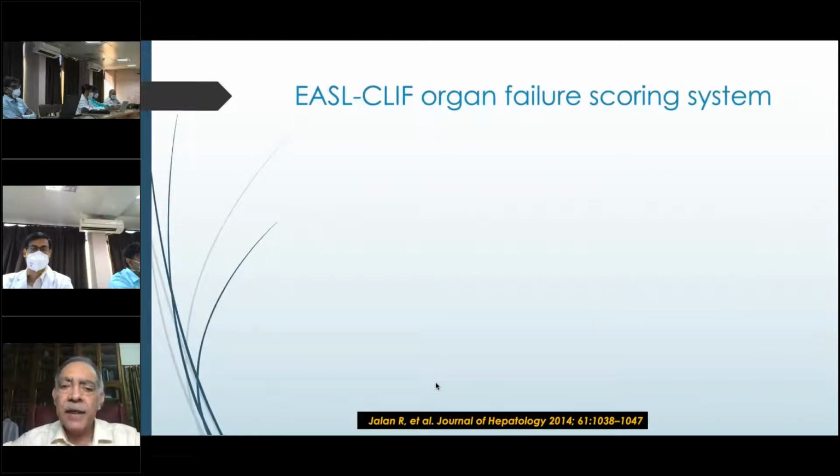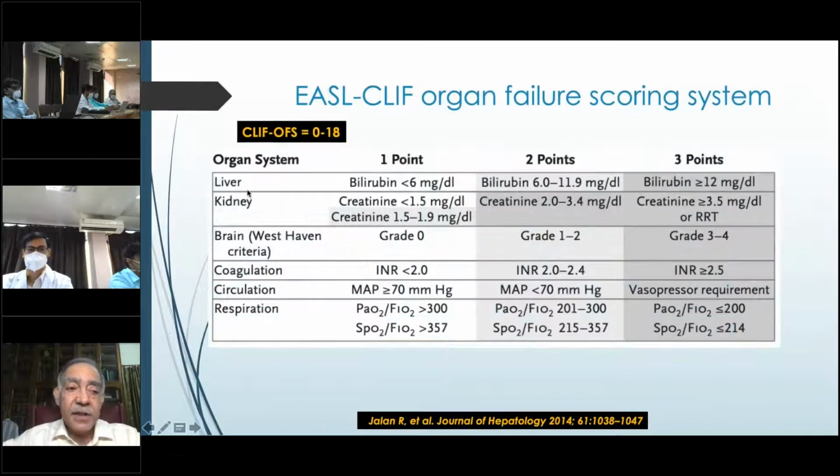Now, how exactly is the severity of organ failures ascertained? For this, the well-known SOFA, the sequential organ failure assessment system, has been modified by this group to include 6 major organ systems: liver, kidney, encephalopathy, that's brain, coagulopathy, circulation, and respiration, each of which, depending on the severity of these parameters as shown in this table, are graded from 1 to 3 points to provide an organ failure score ranging from 0 to 18.